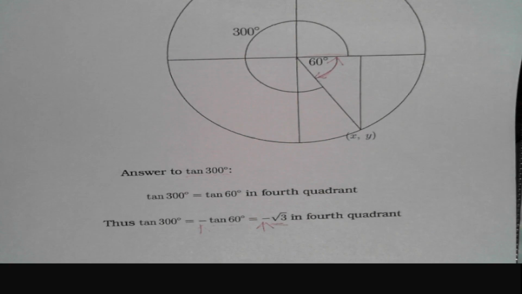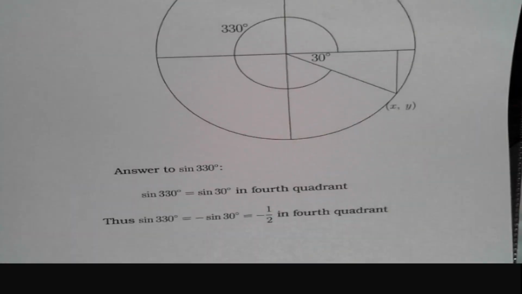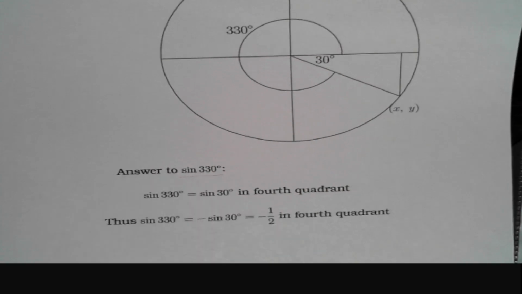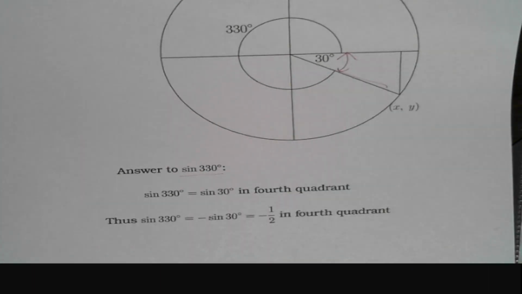Very simple, right? Okay, now next problem. Here, sine 330 degree. In the same way, you go from here 330 degree all around, then this leaves 30 degree between the x-axis and hypotenuse. Which means sine 330 will be the same as sine 30 in quadrant 4.